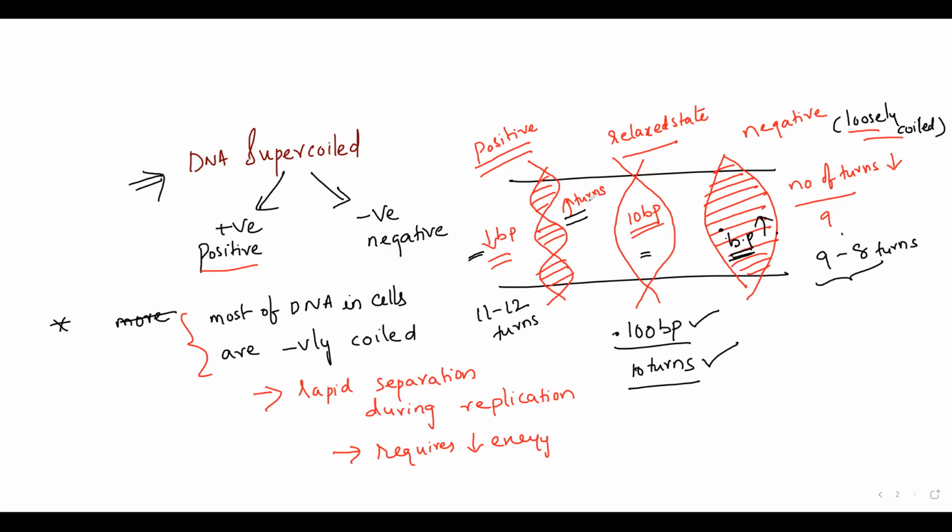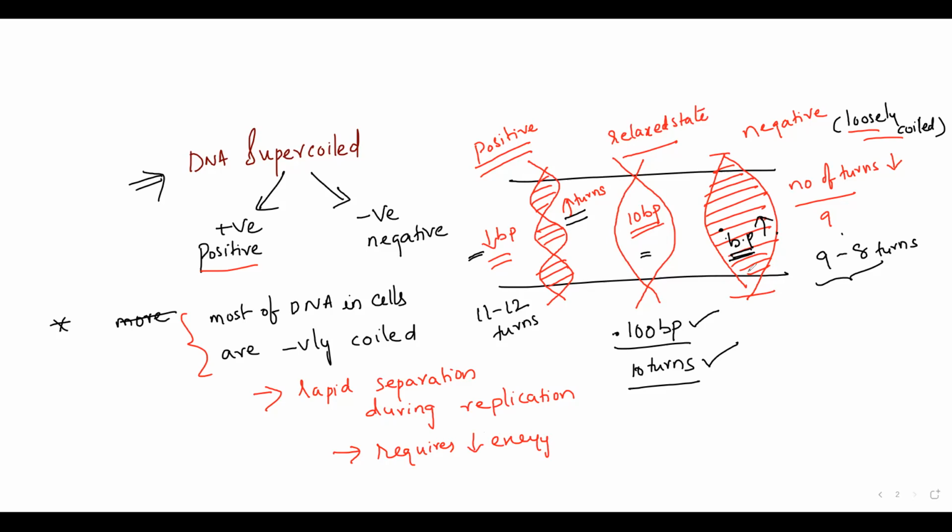Are you understanding it? Because here the amount of the turns are less, so you require very less energy. Our investment of the energy for the unfolding is going to be very less when compared to that of the positively coiled DNA. I hope this is clear for you.